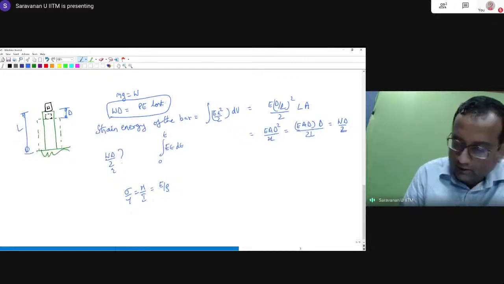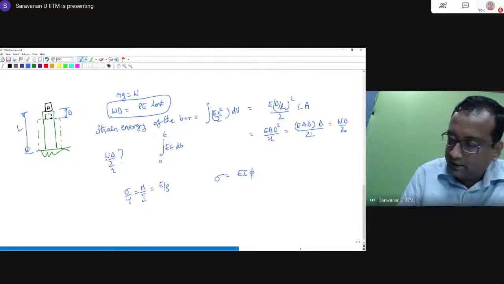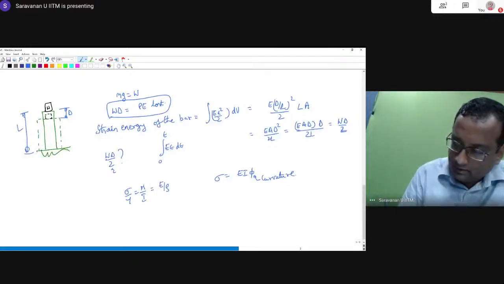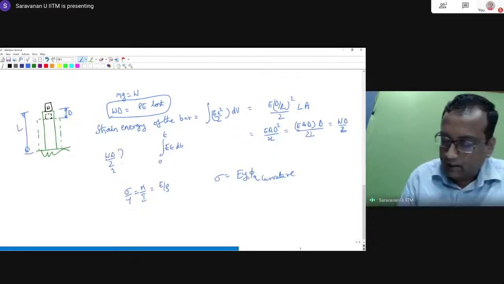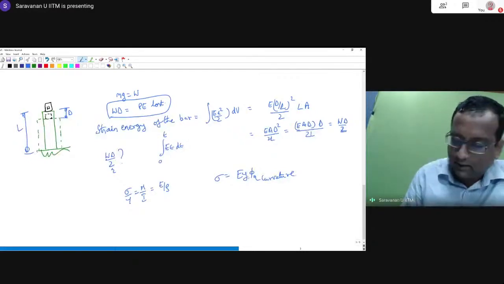So sigma is E y into phi, where phi is the curvature. E y into curvature, right? Okay, so what is the strain energy then?